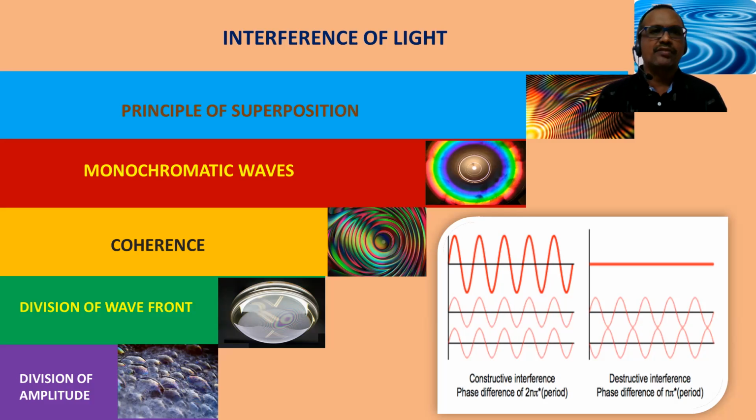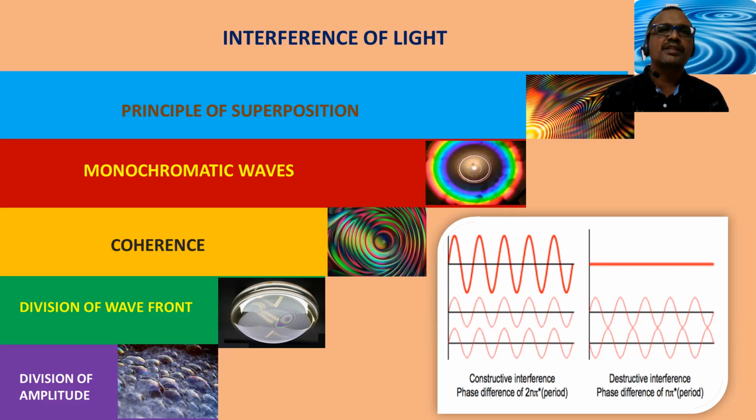What are monochromatic waves? And what is coherence? How to get coherent sources? To get these types of coherent sources, what are the different methods that we have to follow? What is meant by division of wavefront and what is division of amplitude? So these are some of the topics that we are going to learn in the present class.